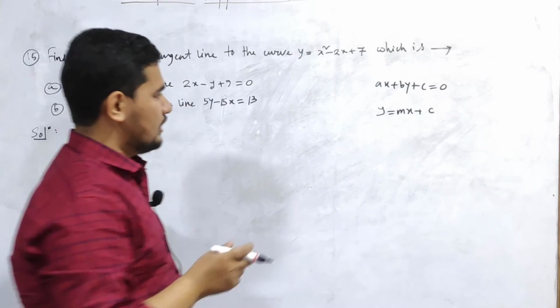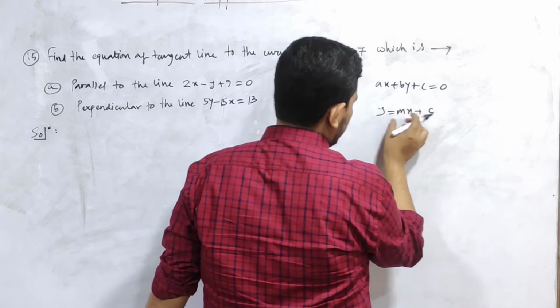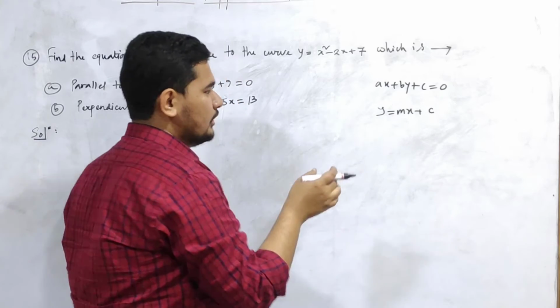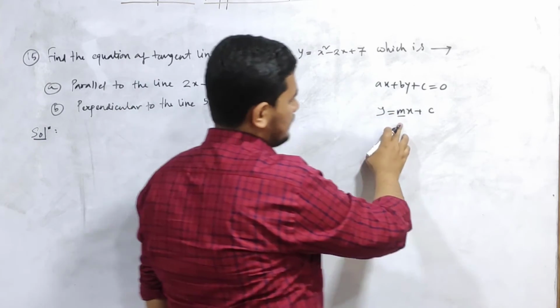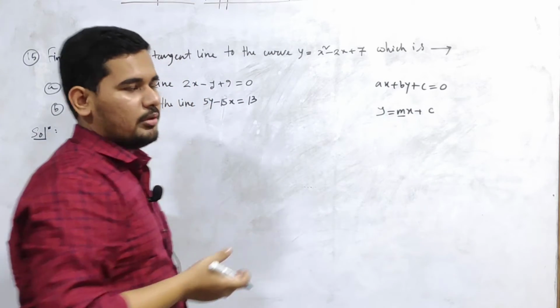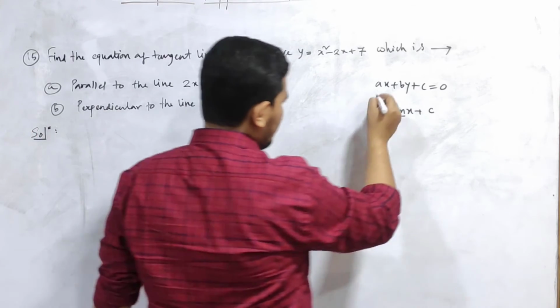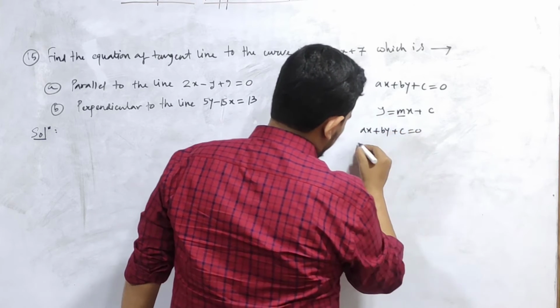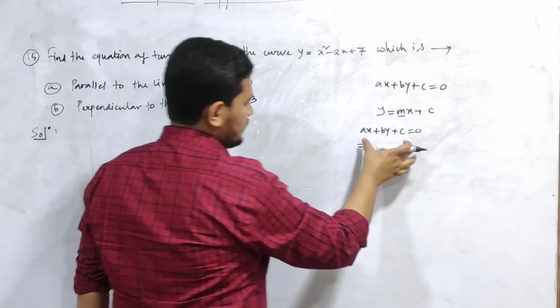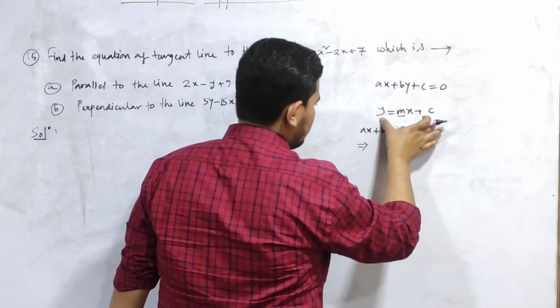What is the benefit here is that when you write the line in the form y equal to mx plus c, then the coefficient of x you can always write as the slope of that line. So for this line ax plus by plus c equal to 0, all I need to do is write it in this type of form.